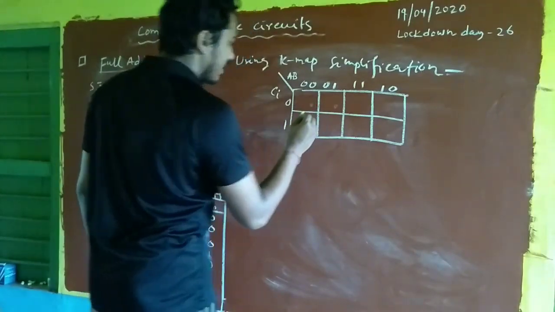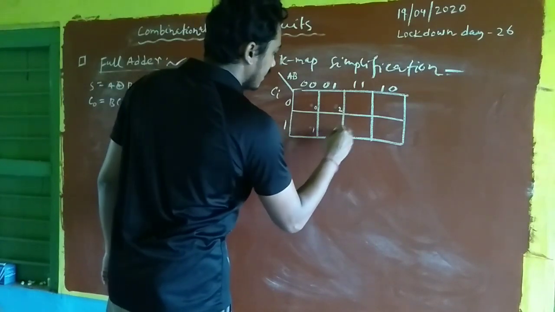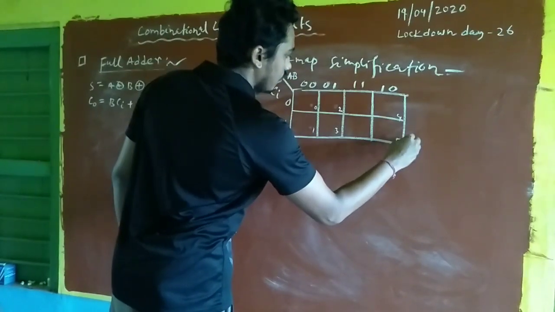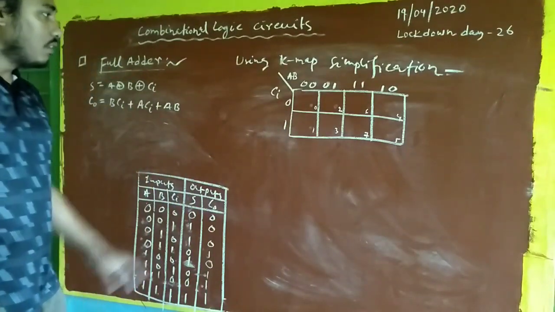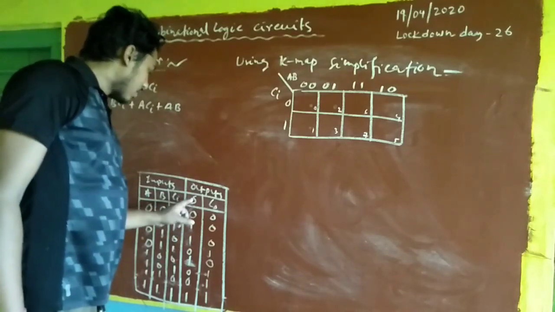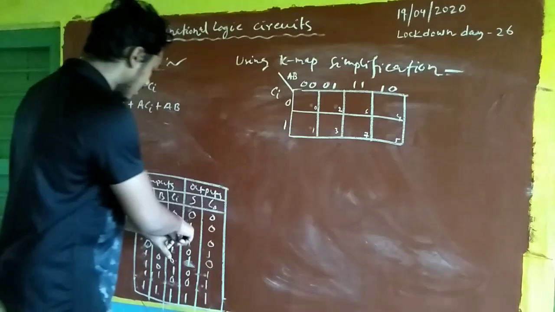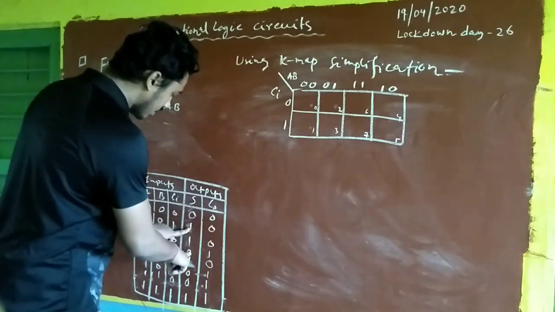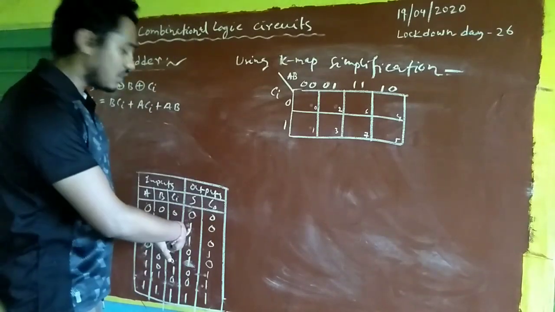For better understanding, I am writing 0 1 2 3 4 5 6 and 7. Now we will put 1 for those values of S where S is equal to 1. These are the numbering or the decimal equivalents.